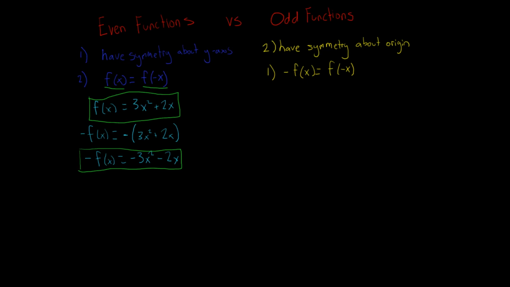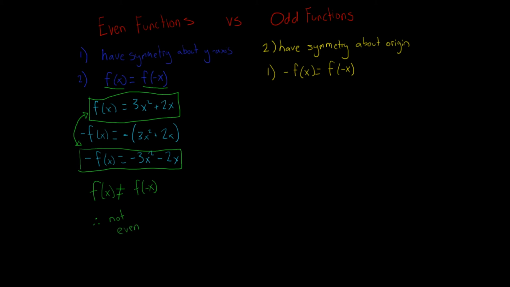And between these two, they clearly are different. 3x squared plus 2x is not the same as negative 3x squared minus 2x. So we can write f of x does not equal f of negative x. Therefore, this function is not even.